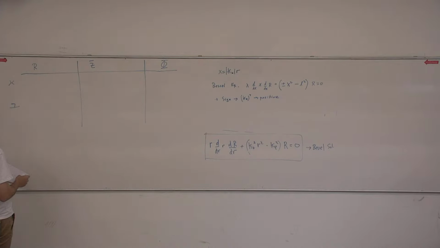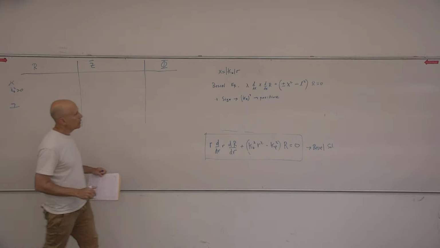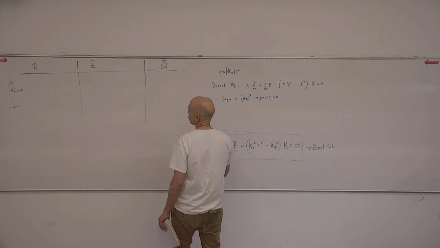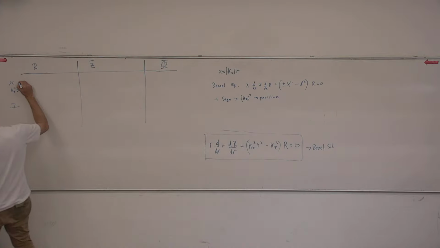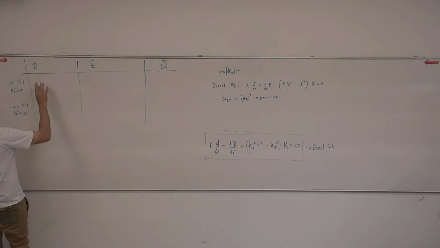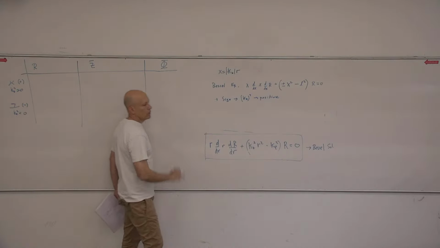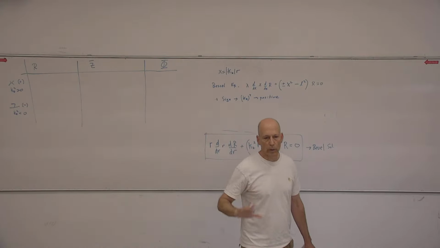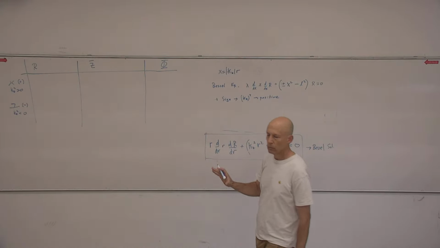What is Aleph and what is Bet? So this is kz squared greater than 0, which corresponds to the plus case. And this is the minus case, kz squared negative. So we have 3 functions, and we have 2 options. Altogether we have 6 domains here.